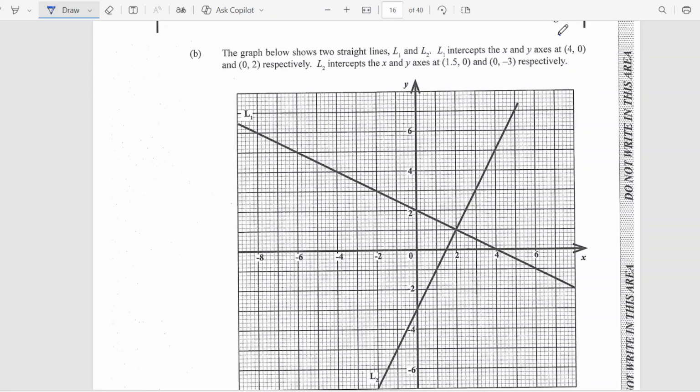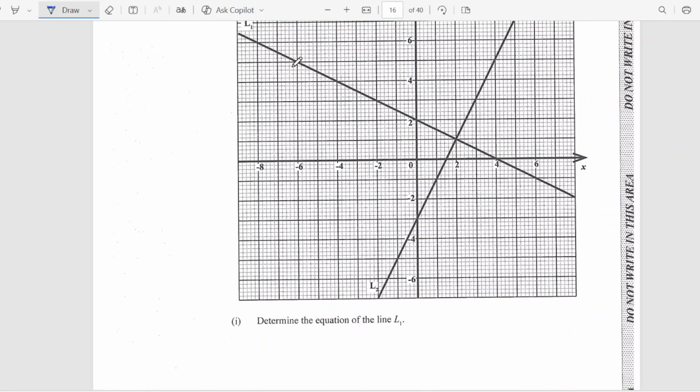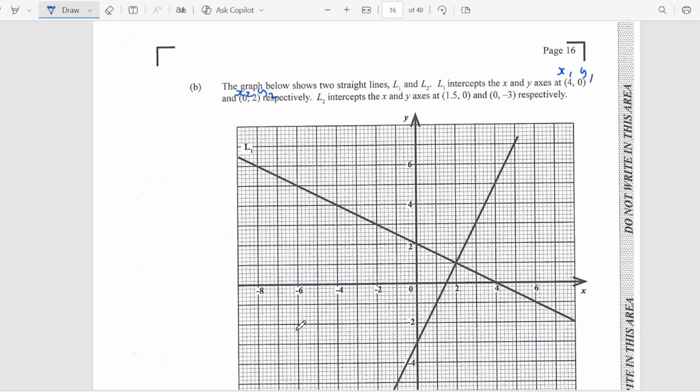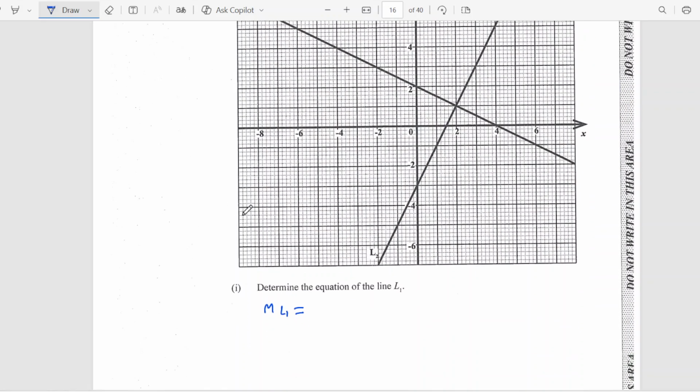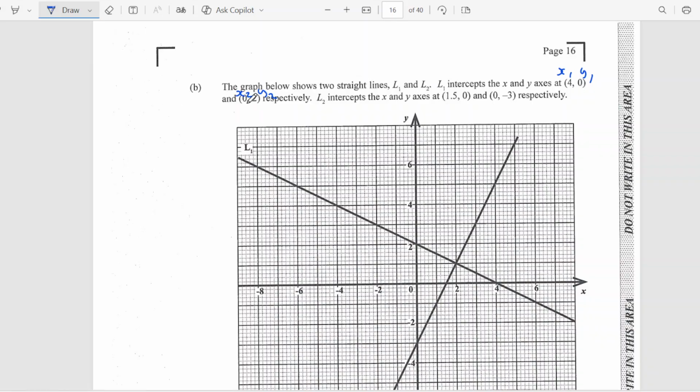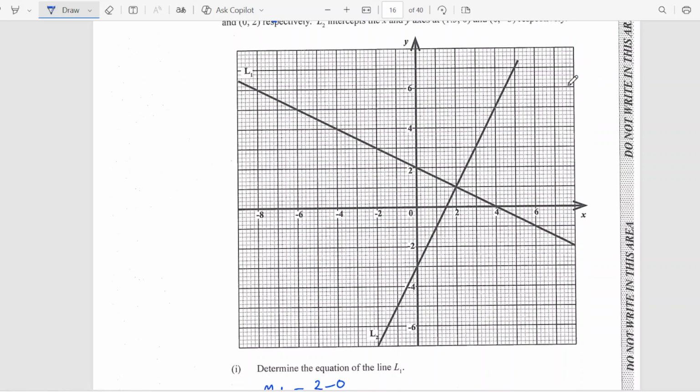(4, 0), so we can name them x1, y1, x2, y2. To get the equation of the line, we need to calculate the gradient of L1, which is y2 take away y1, so 2 take away 0, over x2 take away x1, 0 take away 4.